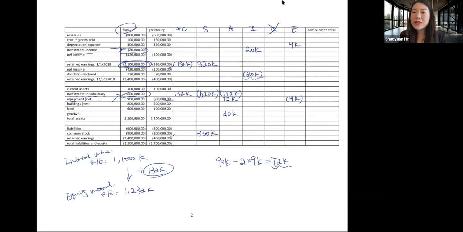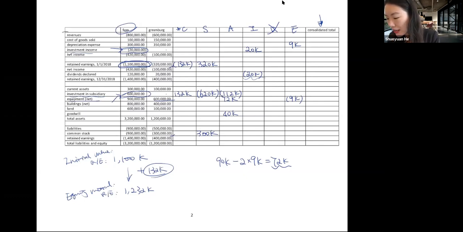And then the last step is to calculate the last column, the consolidated totals. For most of the consolidated totals, we add up everything horizontally. But for some specific accounts like net income, we need to add them up vertically, and for some other accounts like retained earning, we need to carry it over. So let's do it together.